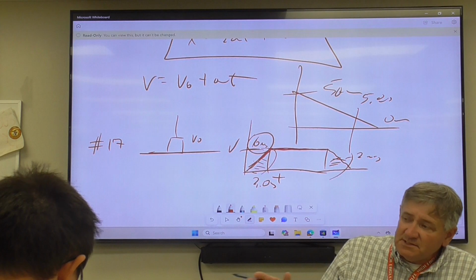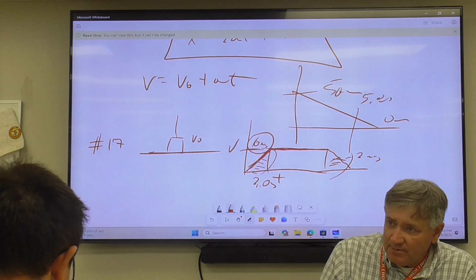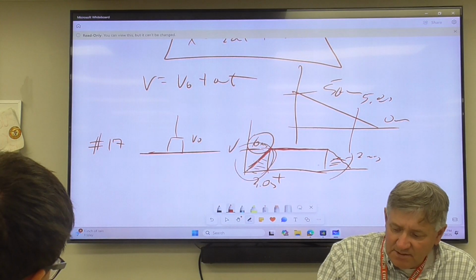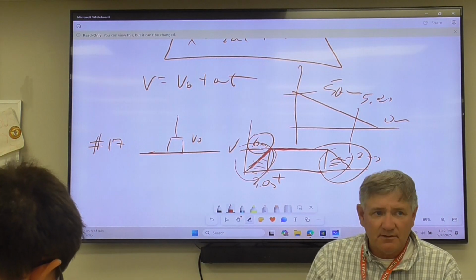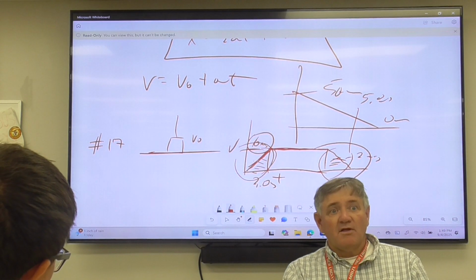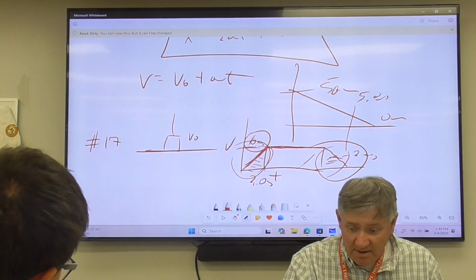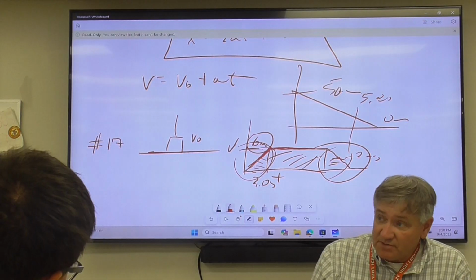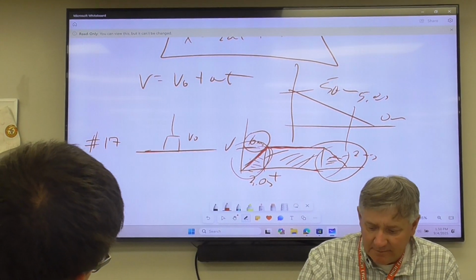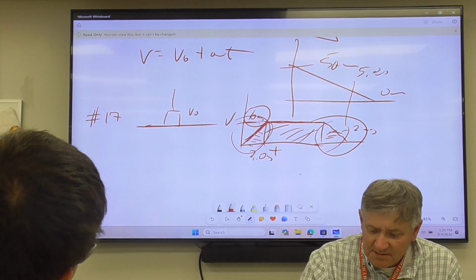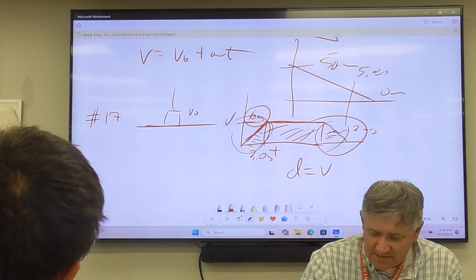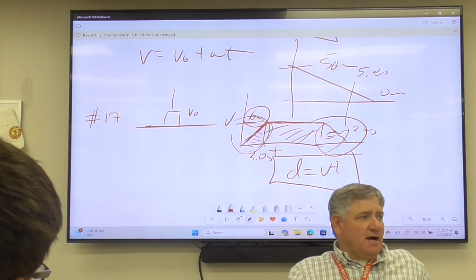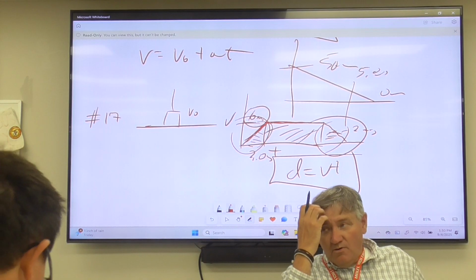What's the total distance the elevator has to move? 200 meters. So if you subtract out these two areas, what do you have left? Yeah, you have the area of that rectangle, the area while it's traveling at constant velocity. Now, since it's traveling at constant velocity, this is the one time on this assignment you can use distance equals velocity times time.